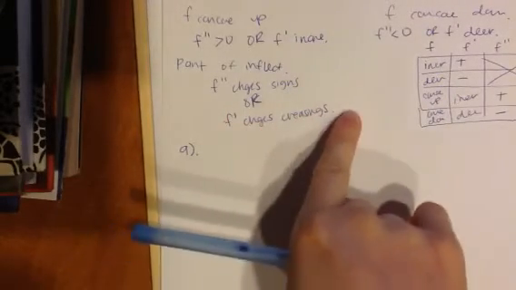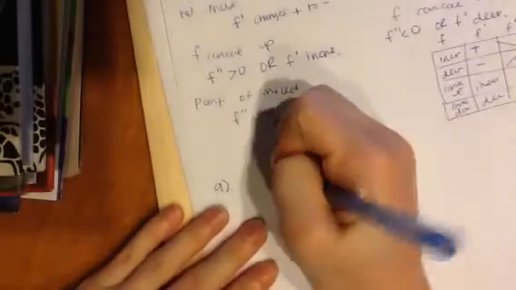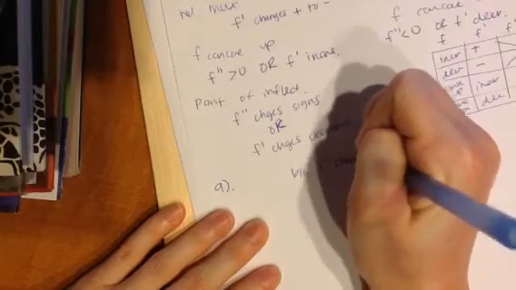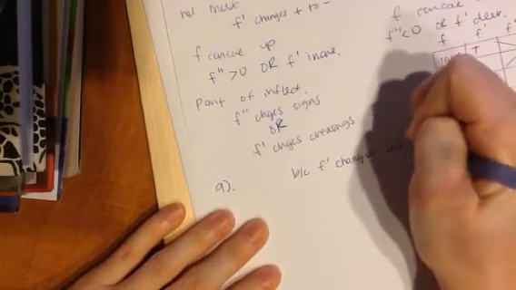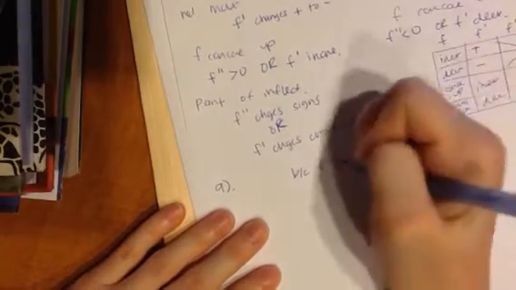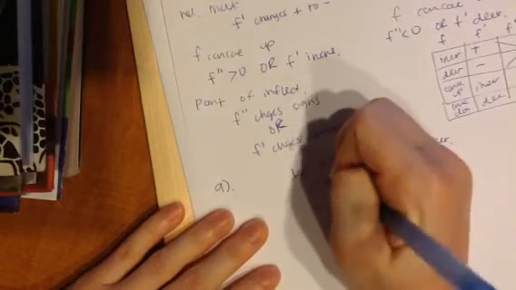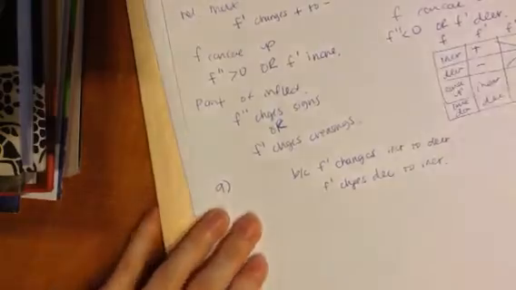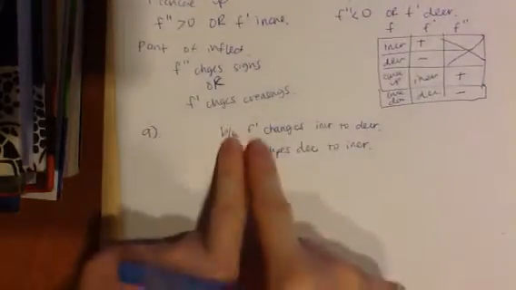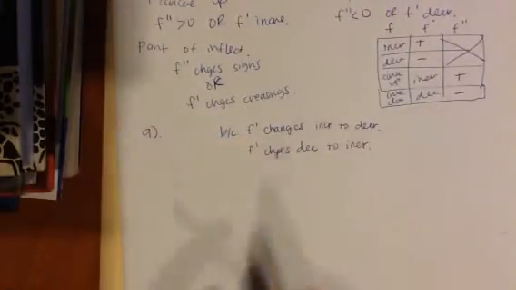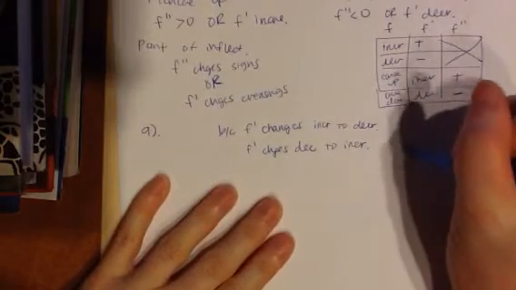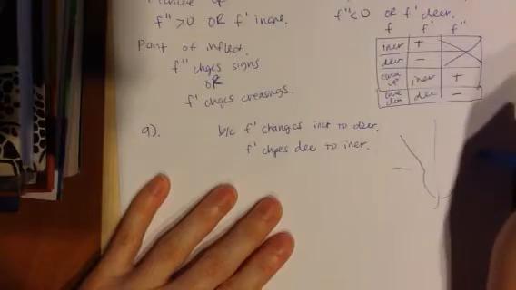I'm going to write because f prime changes from increasing to decreasing, or it also could be f prime changes from decreasing to increasing. So I went straight from my question to my justification because my justification is going to tell me exactly what to look for.